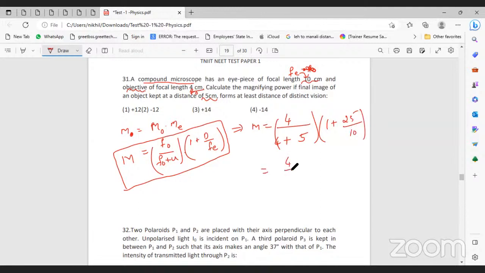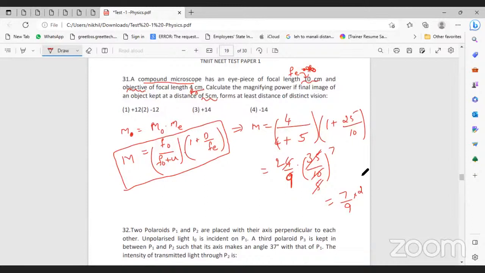So you can simplify: 4 by 9 into 35 by 10. So it is 7 by 9 into 2, that is 14 by 9.